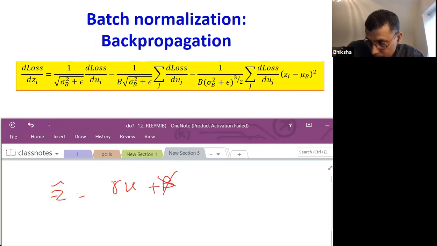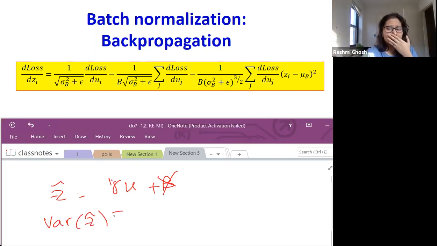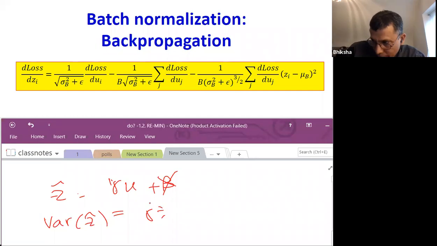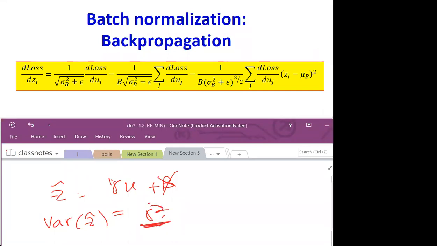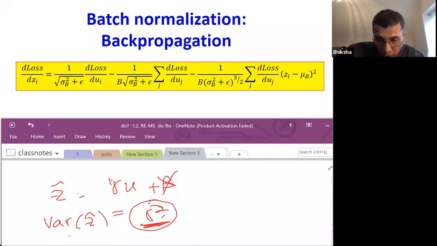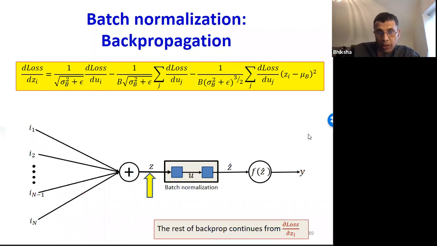Ignore beta. So what is the variance of Z hat within the mini batch? That's going to become gamma squared, right? So within each instance, if gamma is very small, you're going to have very small variance, and if all of your gammas are very small, your variance is probably going to be very small. But again, every neuron gets inputs from many other neurons, so there are a few more considerations than that. Anyway, let's take the poll.